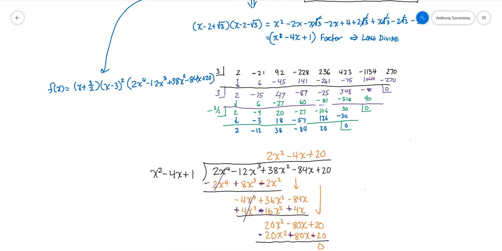So I got my remainder of 0, and I now have this broken down even further. So now I can rewrite f of x. I still have the x plus 3 halves, the x minus 3 squared. Scooch this over a little bit.